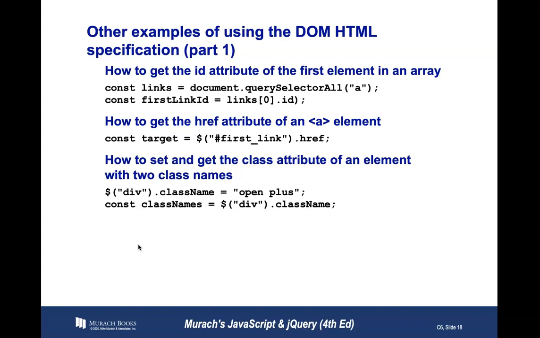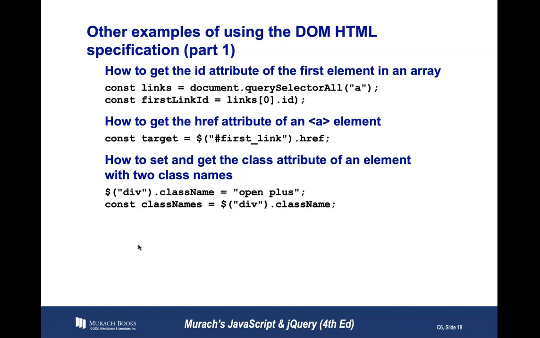So first link ID would be the ID of the first link. We can also get the href of any anchor tag just by targeting the ID of that section and finding the href. So those are really handy things that should be known.